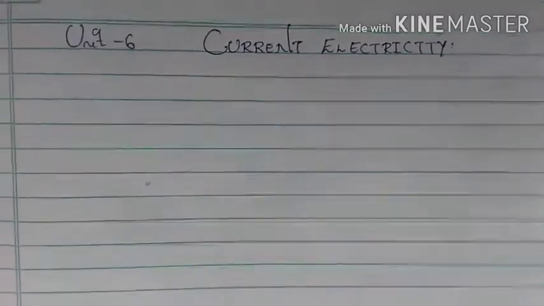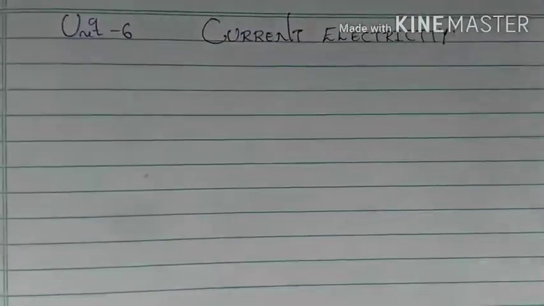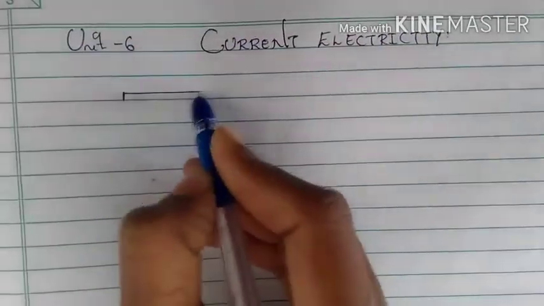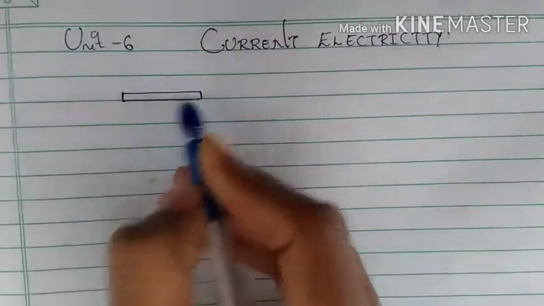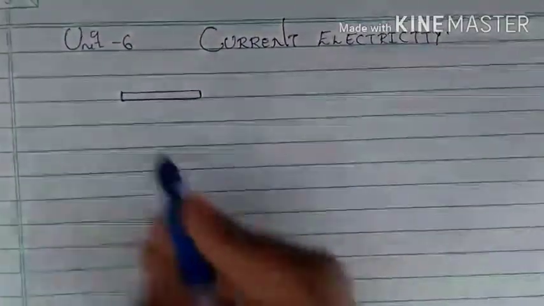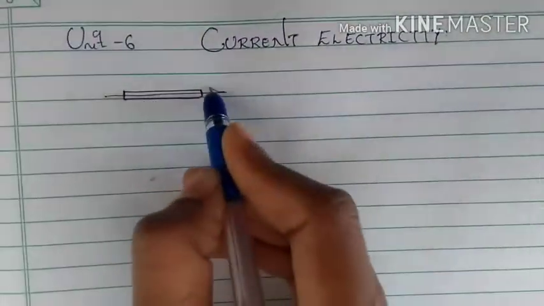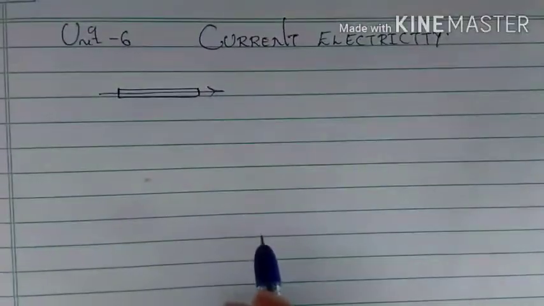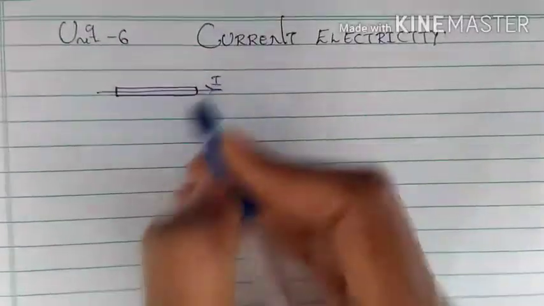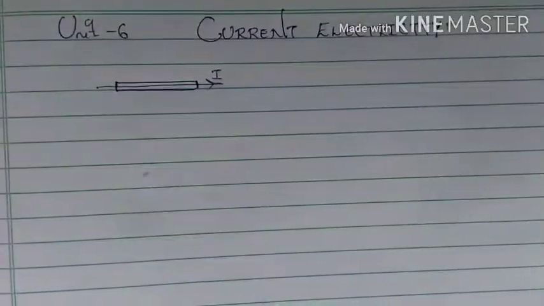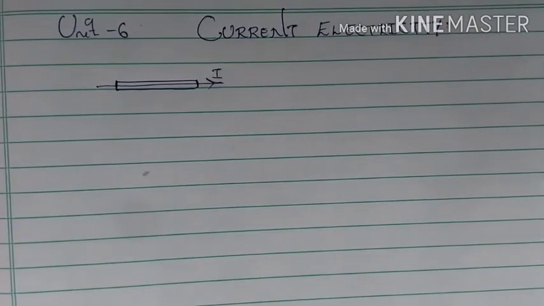So let us start. If you have a current which is passing through a conductor, so let's suppose you have a conductor and a current is passing through it. This current produces a magnetic field around it, and that is known as the magnetic effect of current.